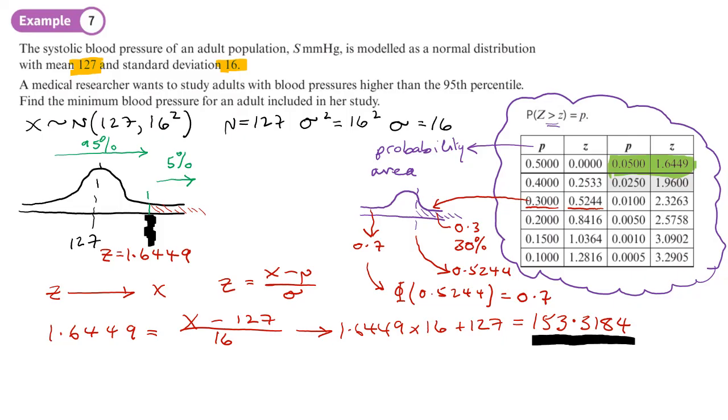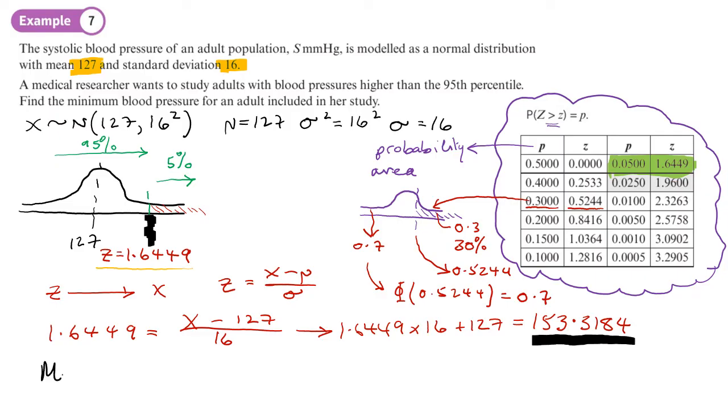So is that our final answer? Let's have a look. Well, it's asking about people who've got blood pressure higher than the 95th percentile. The 95th percentile as a Z value is 1.6449. As an X value, it's 153.3184. So find the minimum blood pressure. Maybe it would make sense to give the answer as a whole number.